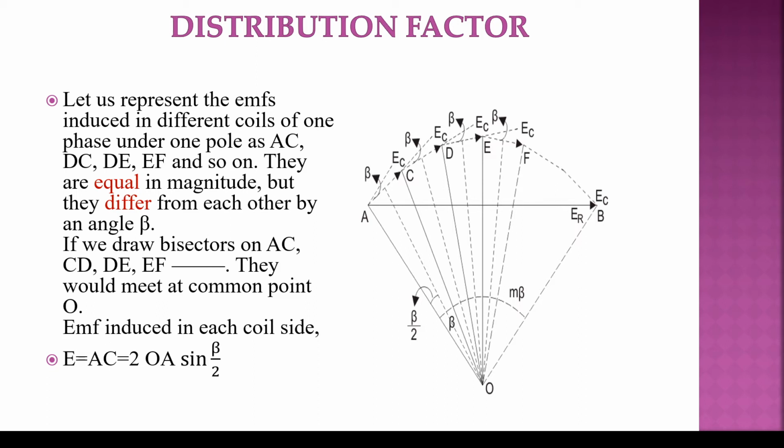Now, E is equal to how much here? AC, and that will be equal to 2 OA sin beta by 2. Sin is equal to opposite by hypotenuse, so the opposite of this is AC.